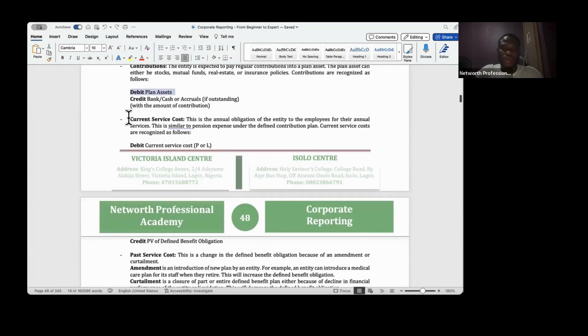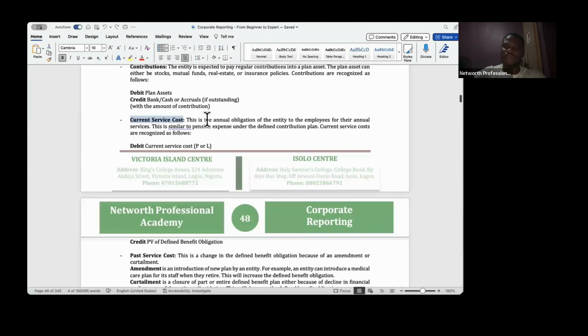The second one that the actuary will give you is the current service cost. This current service cost is the valuation the actuary has done, since they know that some people might leave.